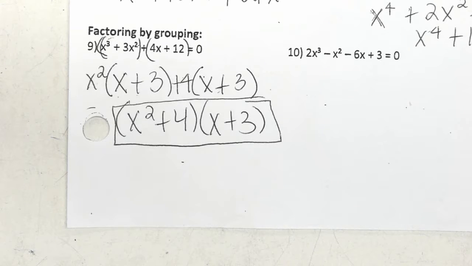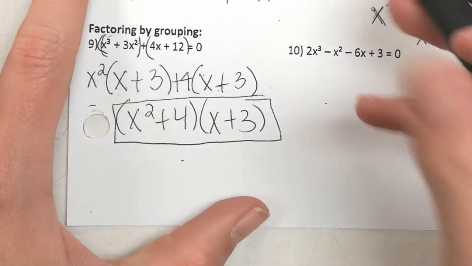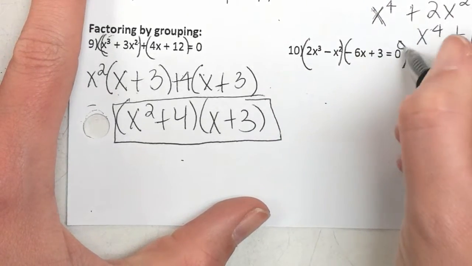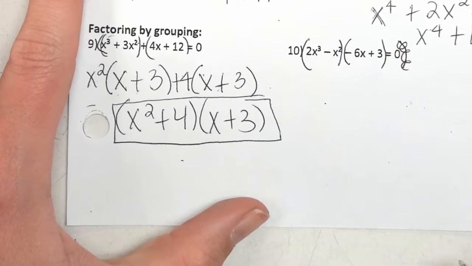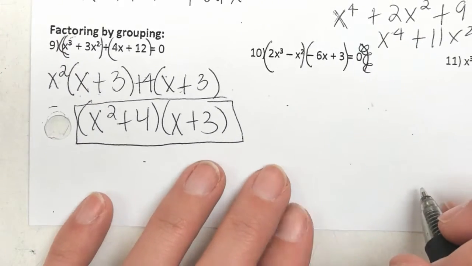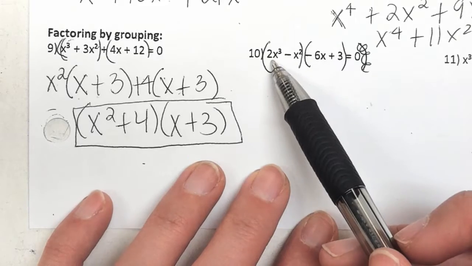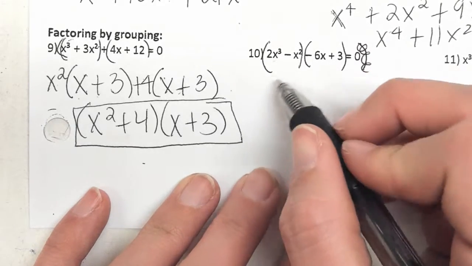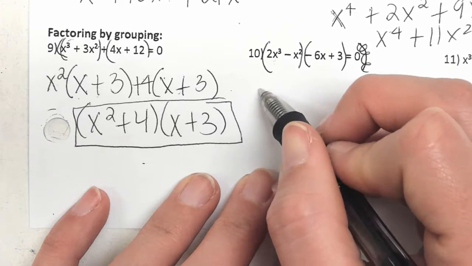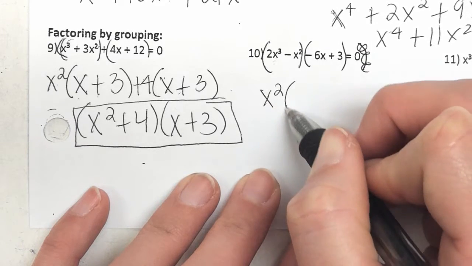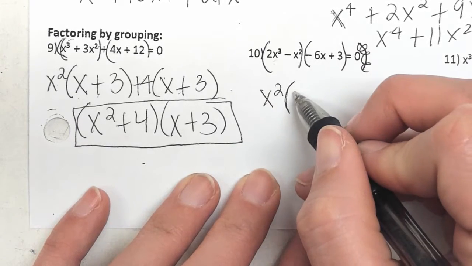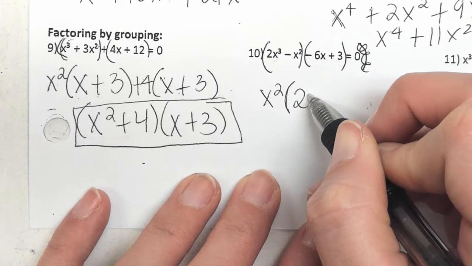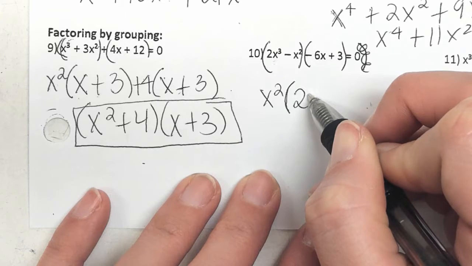Alright, one more together. So again, go ahead and draw some parentheses and group them in groups of 2. And Brandon, what's going to be the GCF of 2x cubed and x squared? X squared. Very good. Michaela, what's going to go on the inside? 2.